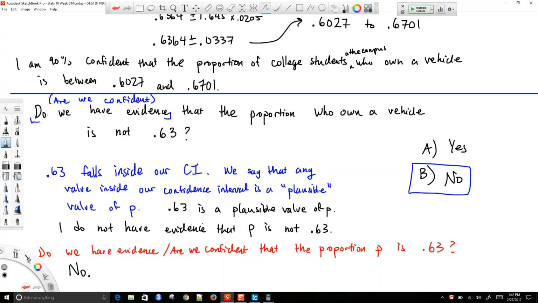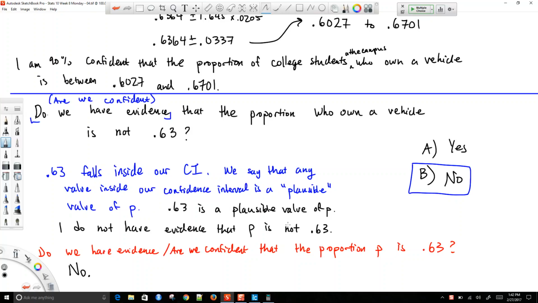So yeah, to say that I don't have evidence that it's not 0.63 does not mean the same thing as I have evidence that it is 0.63. We will never be able to say, and this is just how it works in statistics, that the population proportion P is an exact value based on a sample.